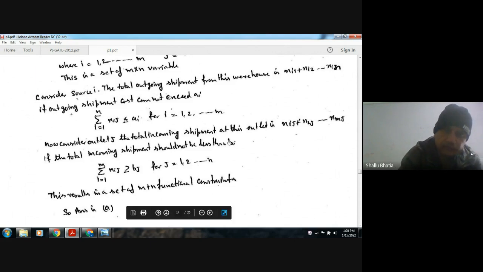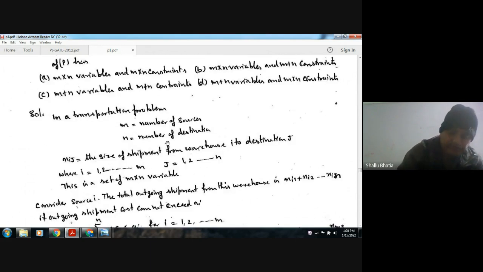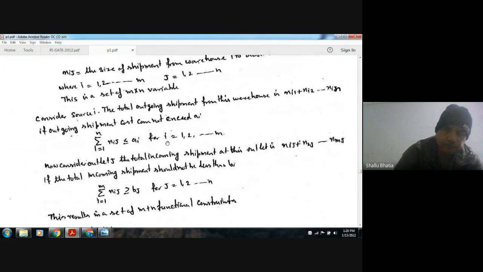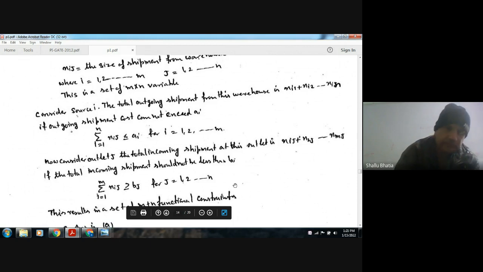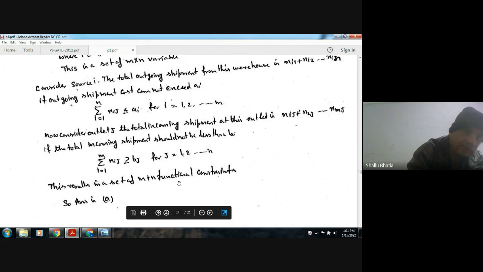Now consider j, which is the destination. The incoming shipment from the sources to destination j will be x1j, x2j, x3j, up to xmj, where i varies from 1 to m, and j varies from 1 to n. So there are m plus n functional constraints: this is the first constraint, this is the second constraint.